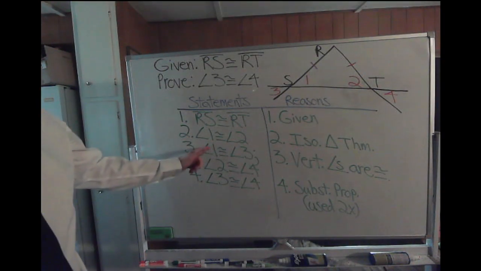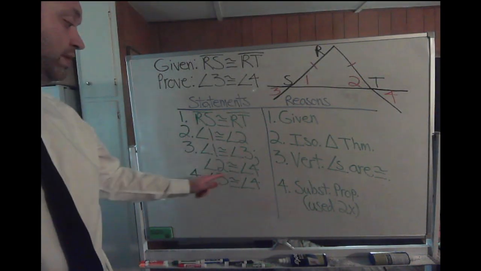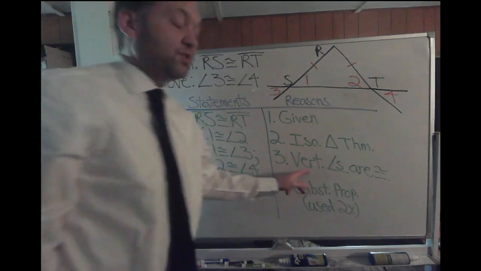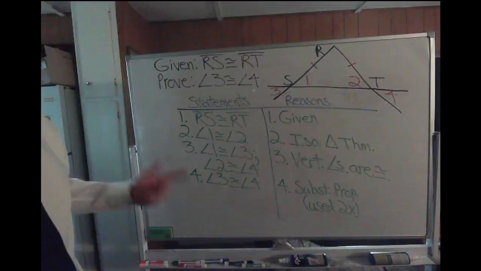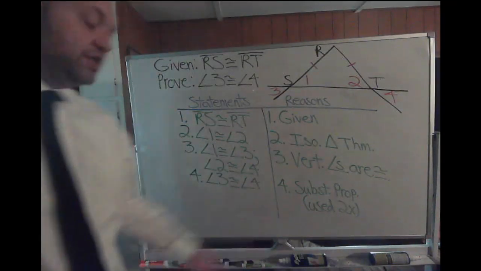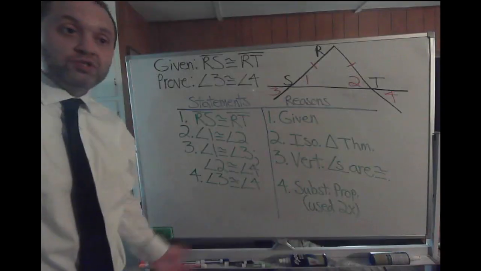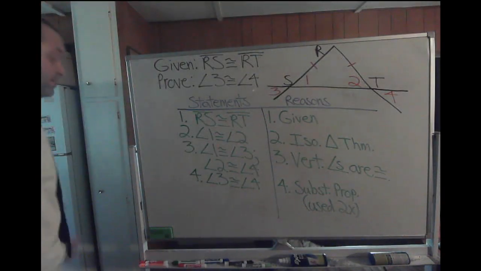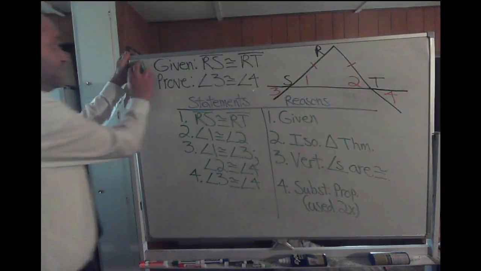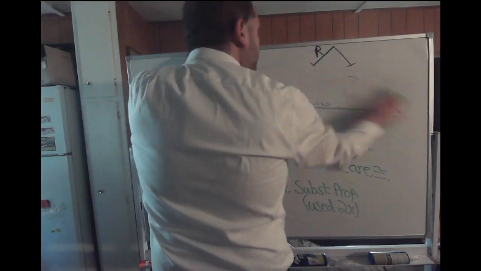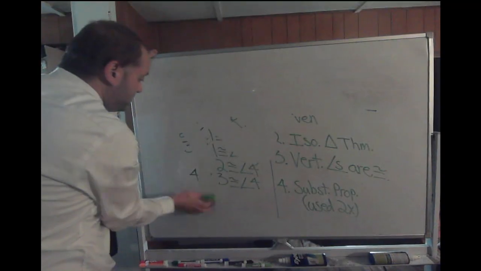And then we can conclude that angles 1 and 3 are congruent, and then angles 2 and 4 are congruent by the fact of vertical angles are congruent. And then by using the substitution property twice, we can conclude that angle 3 is congruent to angle 4. So that was actually pretty much a piece of cake. That was a pretty simple proof. I got 3 more proofs, then we're done with the lesson.